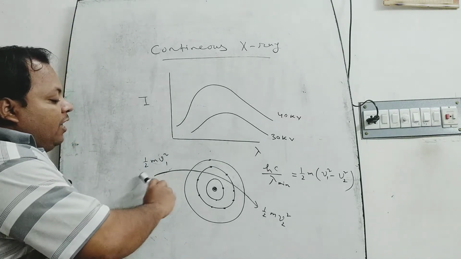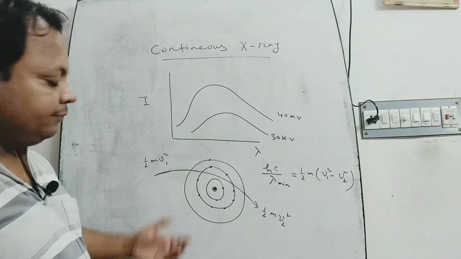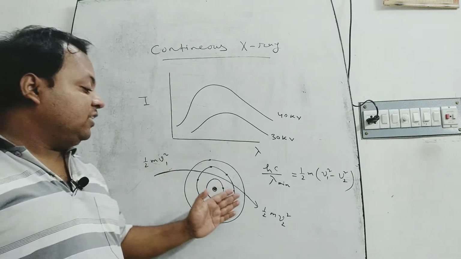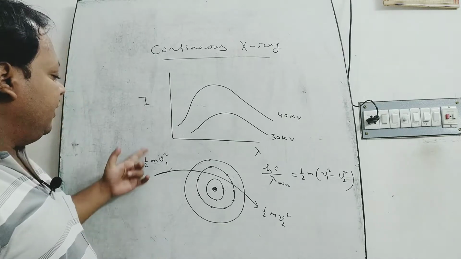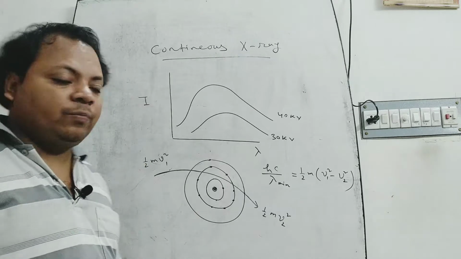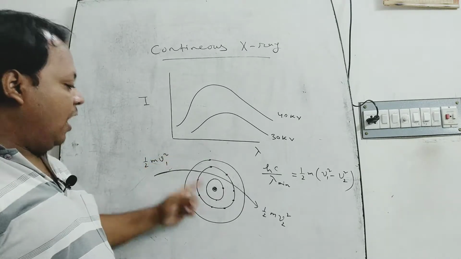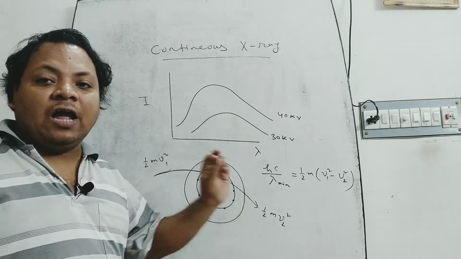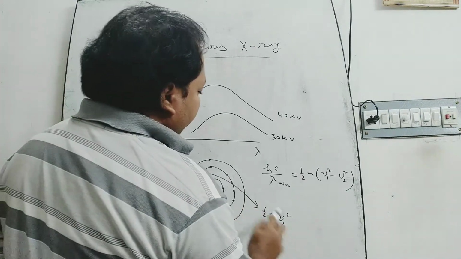Here, when an electron strikes a target, its kinetic energy changes. Let the initial kinetic energy of the incoming electron be half m v1 square, and when it penetrates the target atom, its kinetic energy becomes half m v2 square.